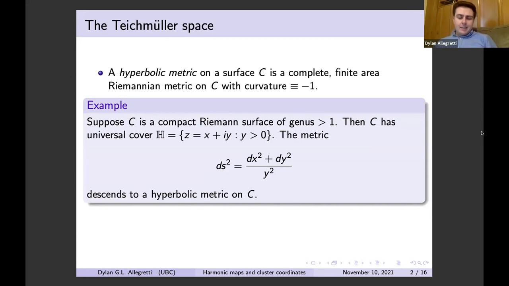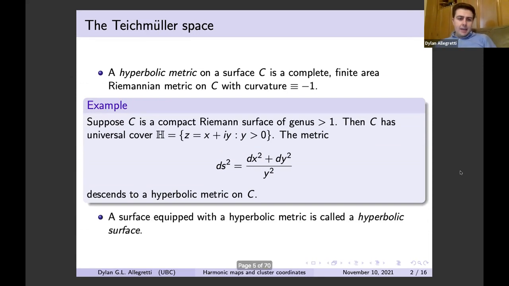There's a very canonical metric that you can write down on the upper half plane. It's this Poincaré metric that I've written here. And that descends to give a metric on the original surface. So that's how you can construct a hyperbolic metric on any surface of genus bigger than 1. And a surface equipped with a hyperbolic metric will be called a hyperbolic surface.